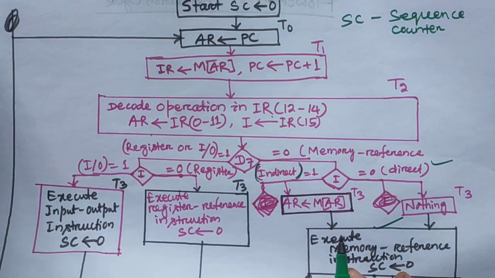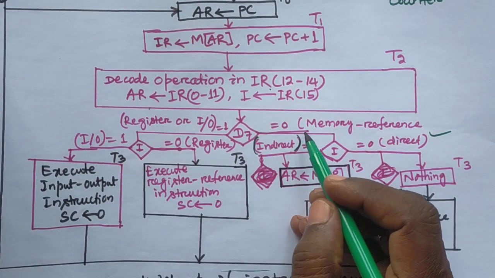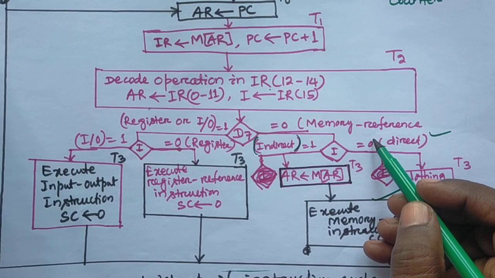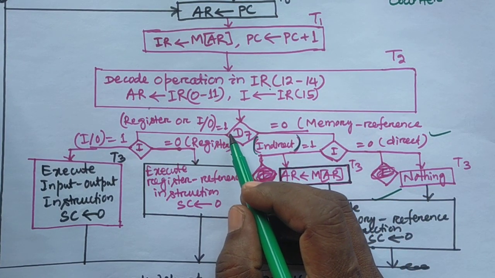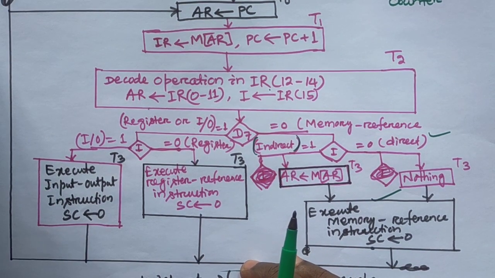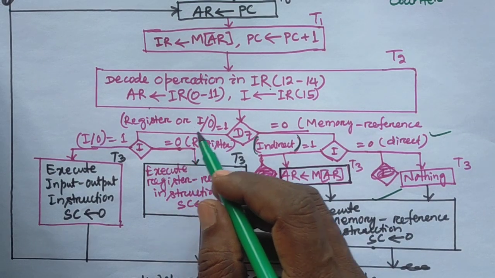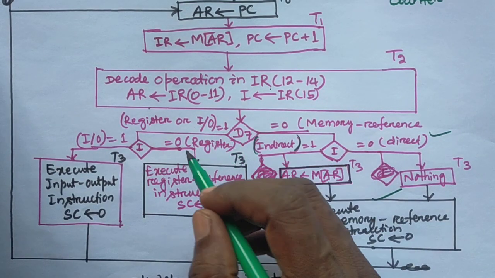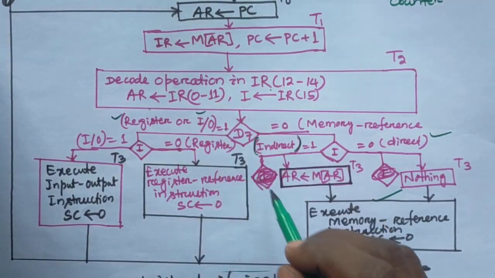Next, if D7 is 0, we go through memory reference. If D7 is 1, then two options are there, depending on I. With D7 equal to 1, one option is register reference and the other is input output reference.